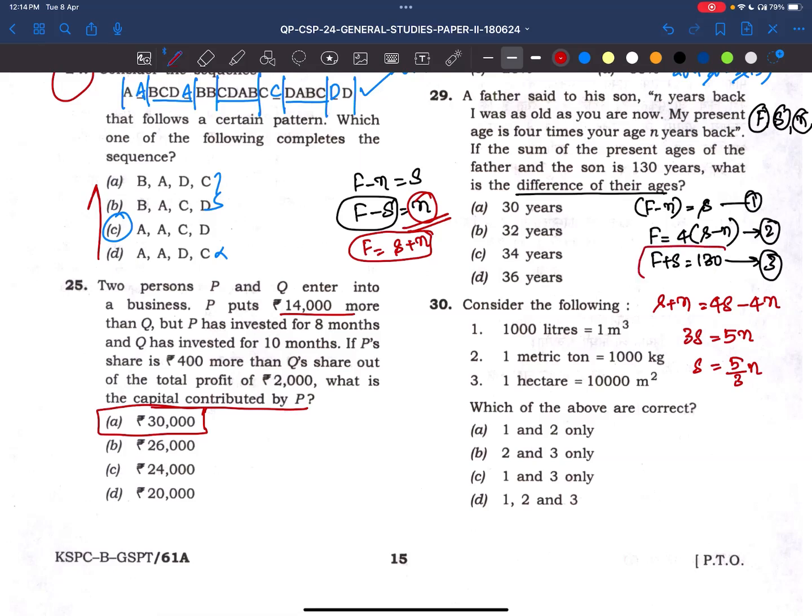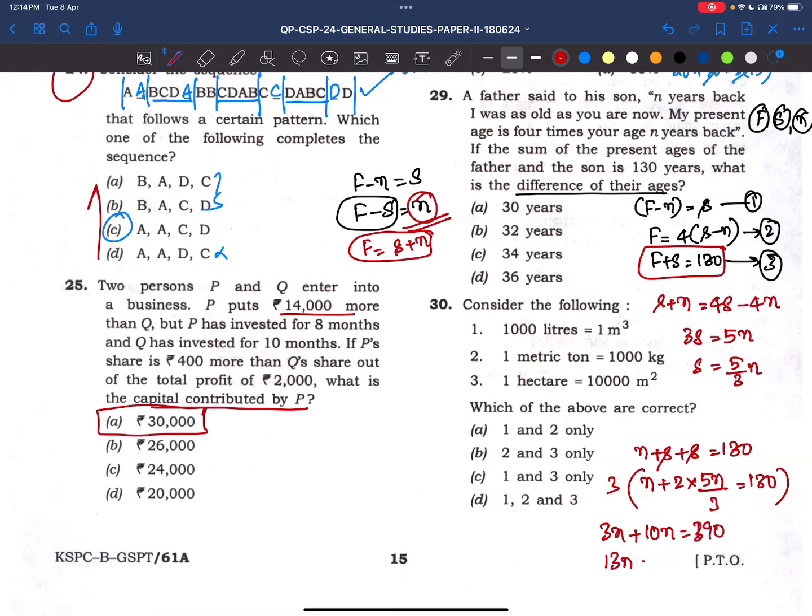From third equation, we can write F as N plus S, so N plus 2 times of S is equals to 130, right? We know this value is 5N by 3, so N plus 2 into 5N by 3 equals to 130. Now, by multiplying this equation with 3, what will we get? 3N plus 10N is equals to 390.